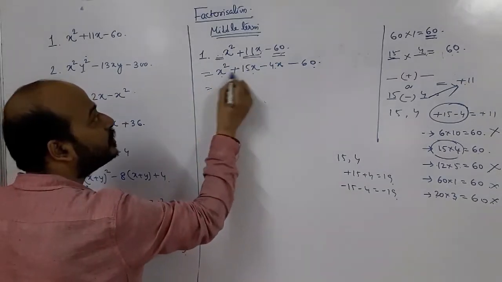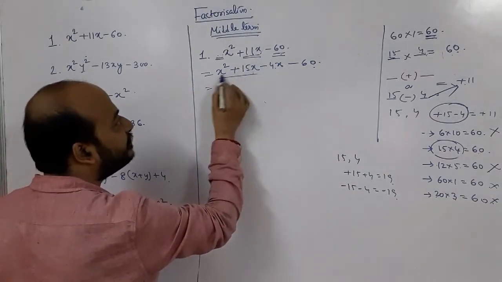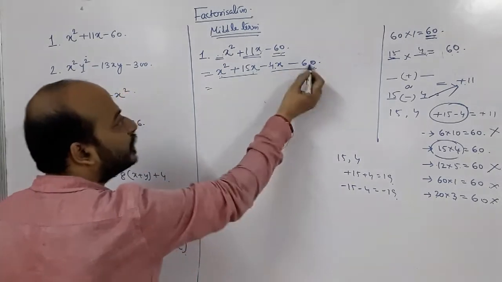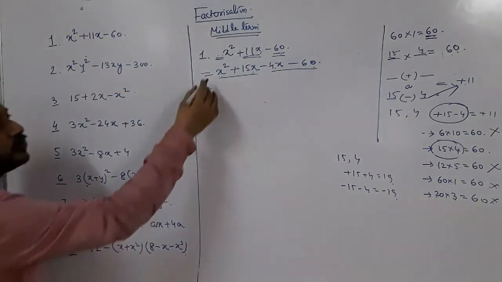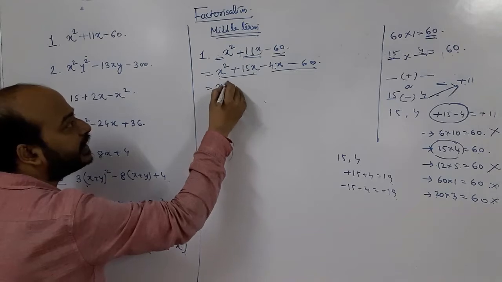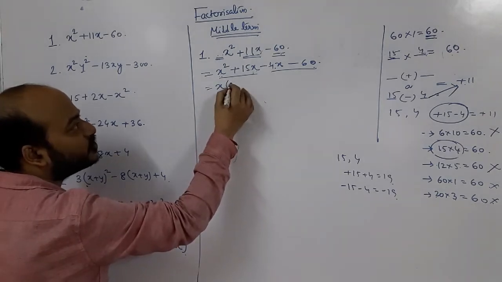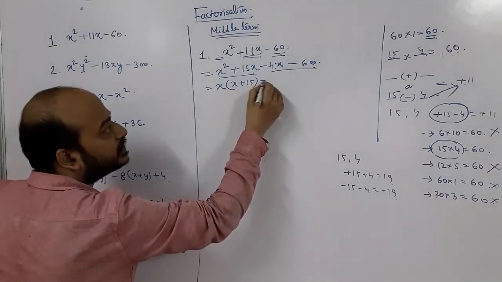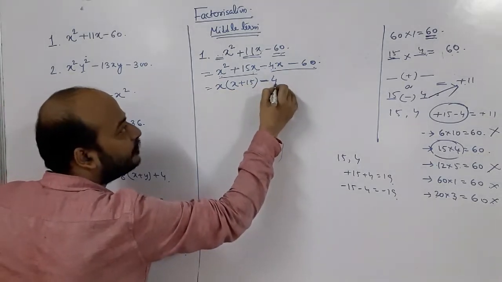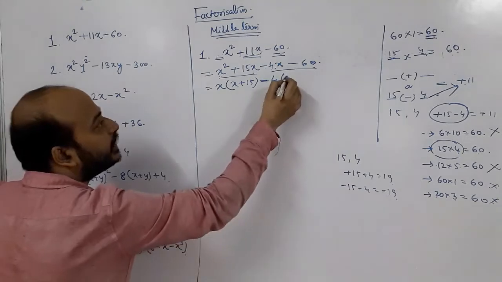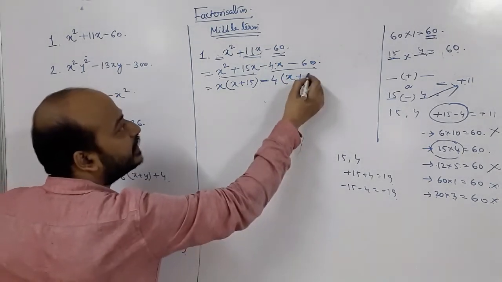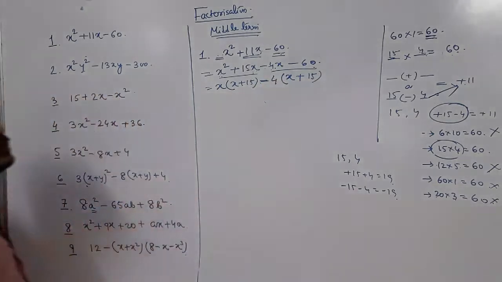Now in the first 2 terms you can take something common, whatever is common, and in the next 2 terms also you can take something common. So in the first 2 terms, what is common? We are getting x common. So I can take x common, so it becomes x plus 15, and then minus. Now in the next 2 terms, we can take 4 common, and what you get? x, and outside is minus, so the inside sign will change, so it also becomes plus 15.